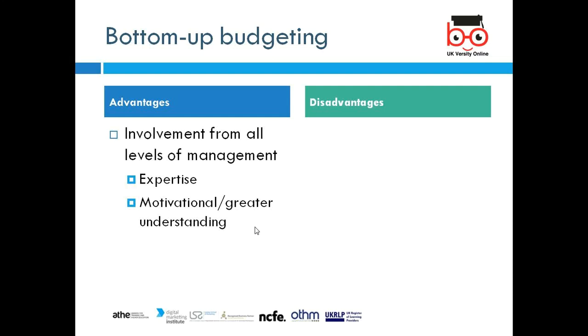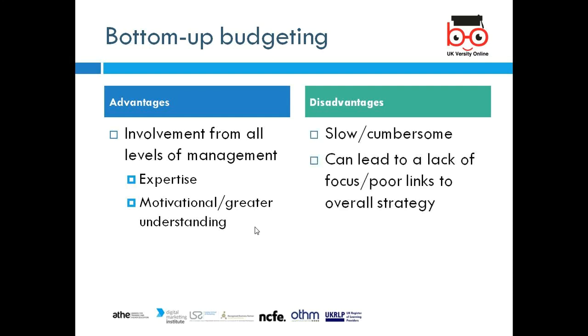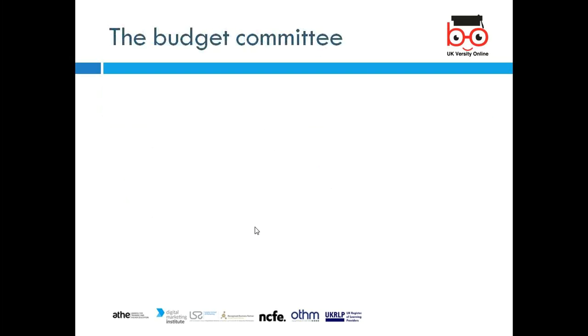So bottom up budgeting involves all levels of management, with expertise, motivation, and greater understanding. The disadvantages: it's slow, we need to look around, and it can lead to a lack of focus and a poor link to our strategy, because the executive or strategic level makes the decisions, you set the operational level, and then the management can just sign off.